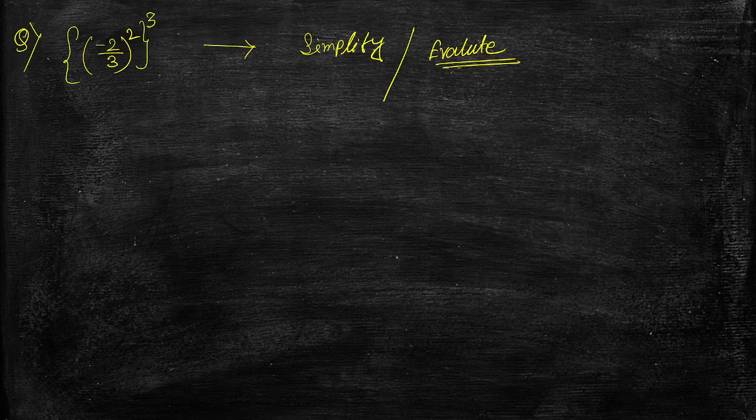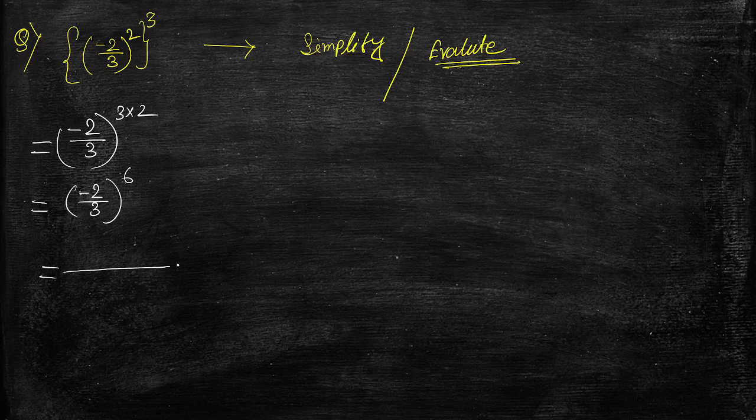Next, the power of a power, right? The third law. So what will happen here? Minus 2 by 3 and the powers will get multiplied. That is 3 into 2 or 2 into 3, both are the same thing. So minus 2 by 3 to the power 6.